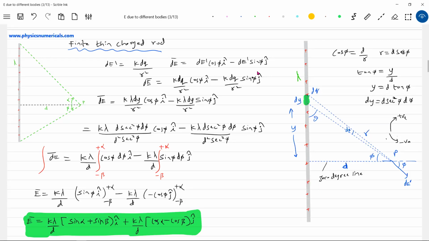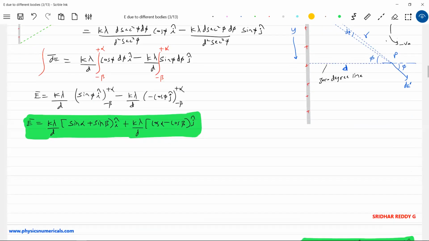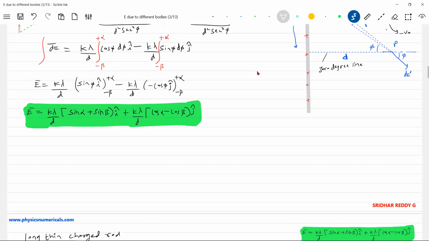If this point lies on a bisector, then I'll go for two elements. For a finite rod, if I ask you to find the field strength on the bisector, then it's better to assume two elements, because about this point the charge is distributed symmetrically.